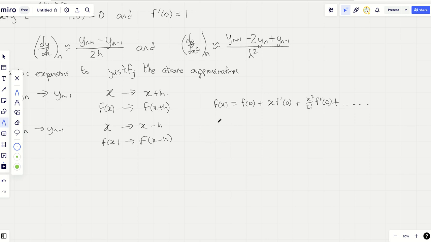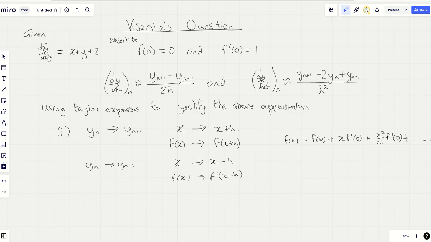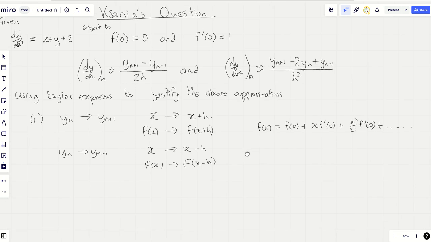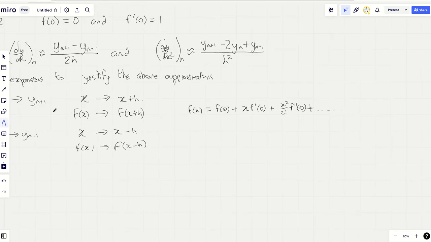Okay, so let's do that. We already know that for our specific case, where d2y by dx squared equals x plus y plus 2, subject to the boundary conditions that when x is 0, y is 0, and when x is 0, dy by dx is 1, we can work out what f of x roughly equals. So f of x is equal to f of 0, which we know is 0, plus x times f dash of 0, which is x times 1.